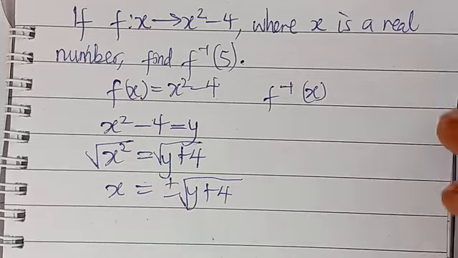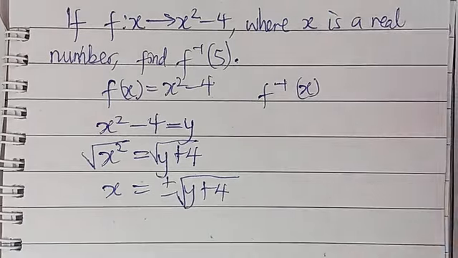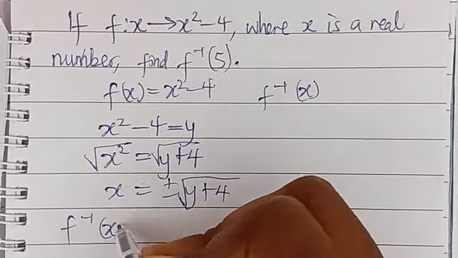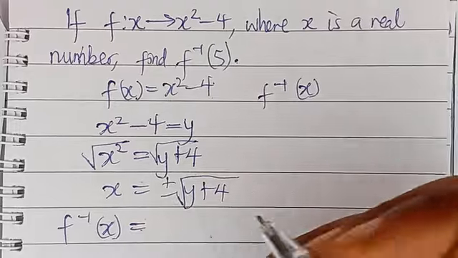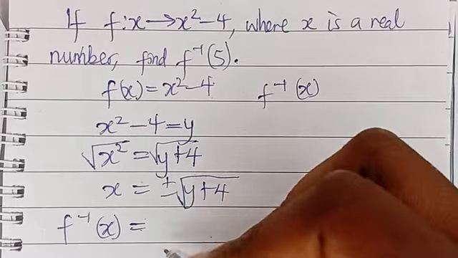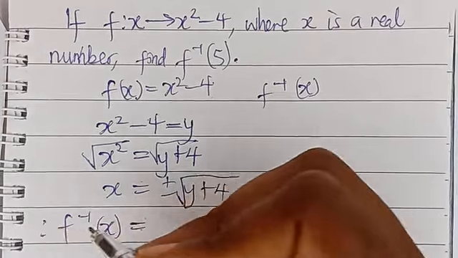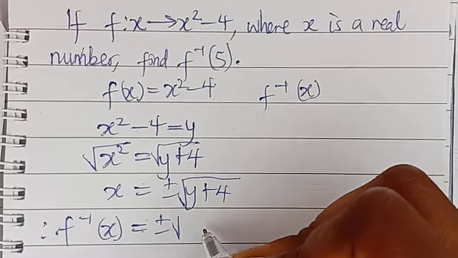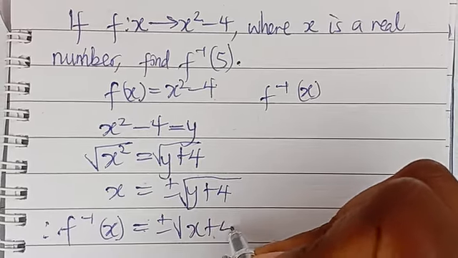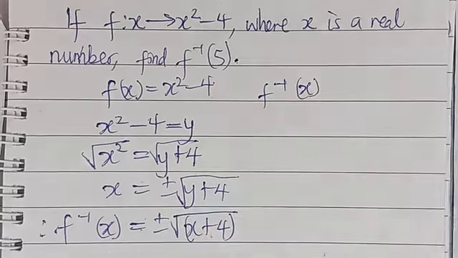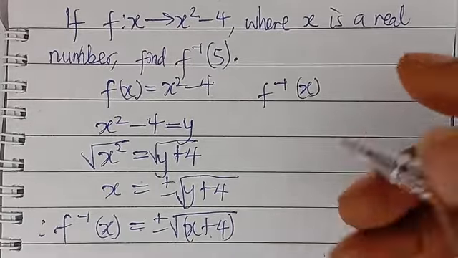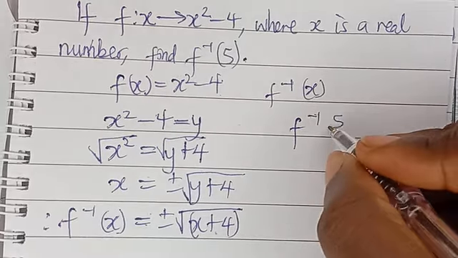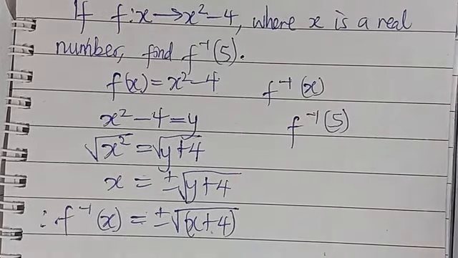Remember that this is not all. We now say that the inverse of f of x is equal to, and the y changes to x. Therefore, the inverse of f of x is equal to plus or minus the square root of x plus 4. Then remember, the question is asking for the inverse of f of 5.